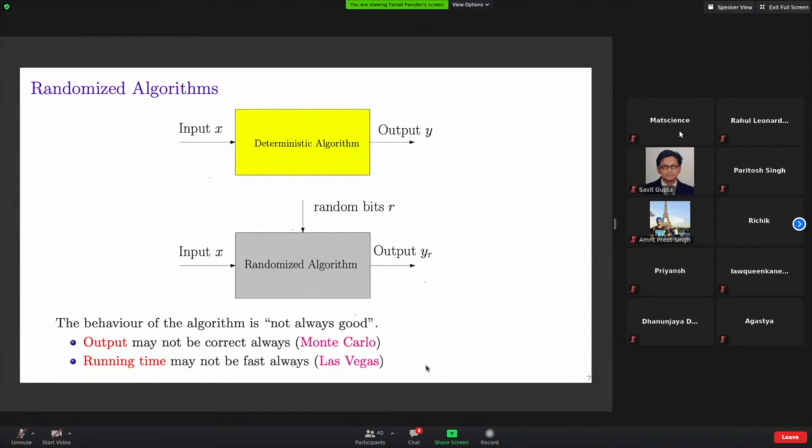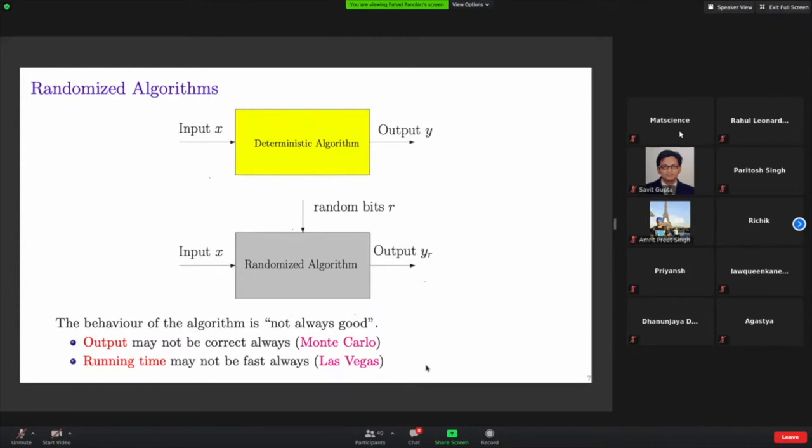Later, at the end, I will give you an example, without proof, of a Monte Carlo algorithm. Their output may not be correct always, but the running time is fixed and deterministic. It does not depend on random bits.